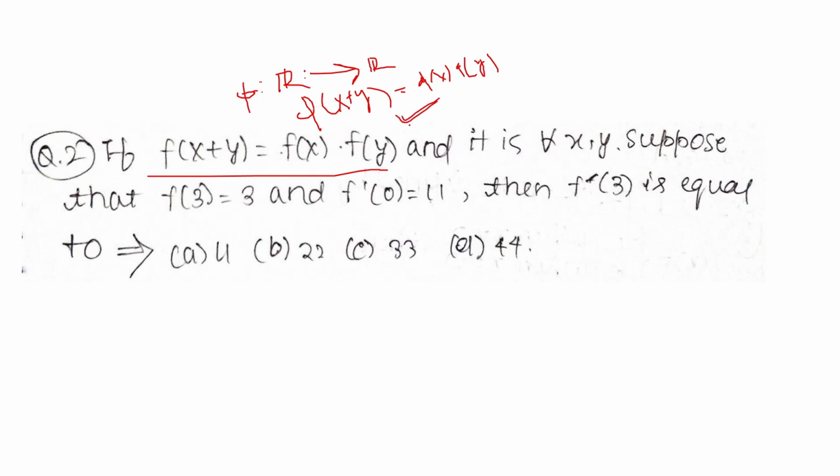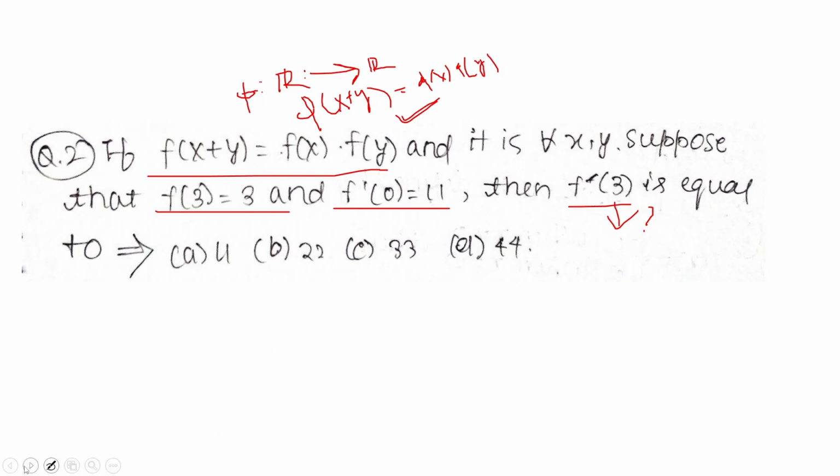This is actually a homomorphism. What we are given is f(3) equal to 3, f dash equal to 11, and f double dash equal to 6. What value will we have? So this is the question. So we'll check. Go to the next slide.